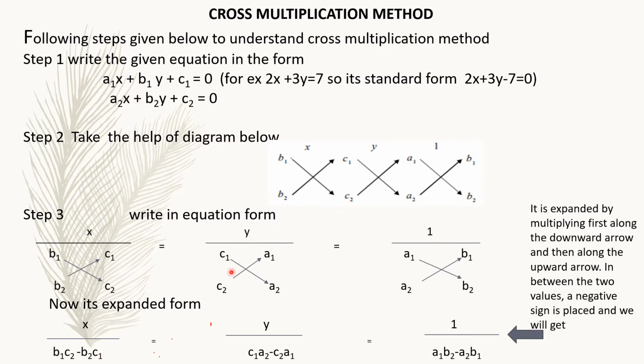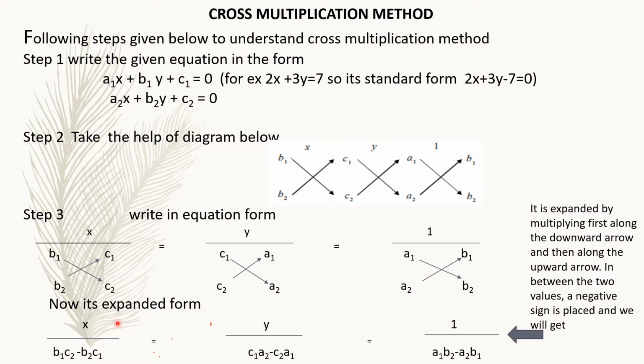Y upon c1 c2 a1 a2 is given, so you multiply c1 with a2, then put the minus sign between them and write c2 multiplied by a1. Now the next: 1 upon a1 a2 b1 b2, so you multiply a1 with b2, put the minus sign, and write a2 multiplied by b1. So this is the expanded form.